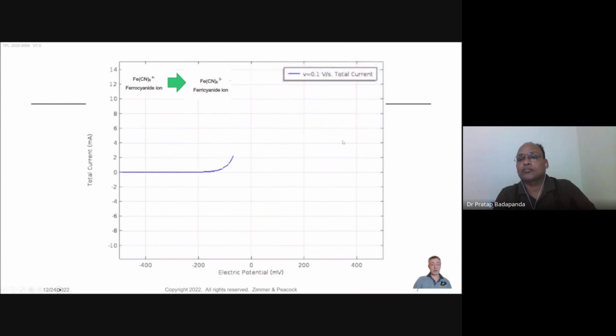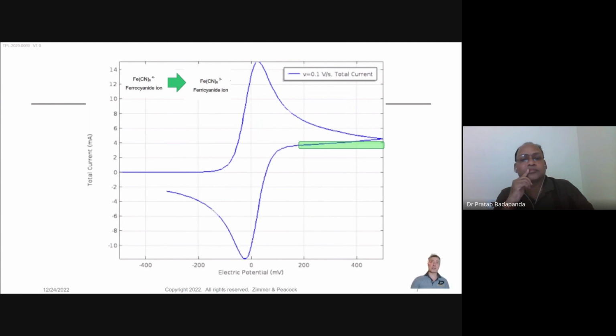Now there's a moment where the voltage reverses, and at the electrode surface, all of the ferrocyanide has become ferricyanide.